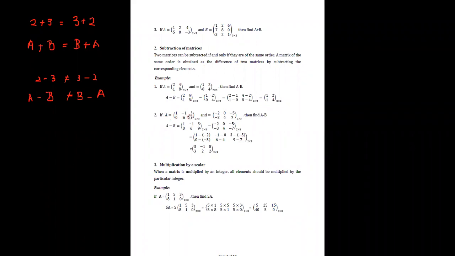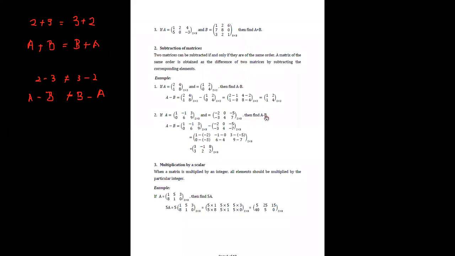In the second example, you can see that A is given as a 2 by 3 matrix having these elements, and matrix B has the elements minus 2, 0, minus 5, minus 3, 4, and 7, with order 2 by 3.